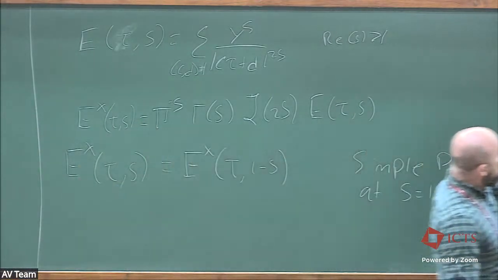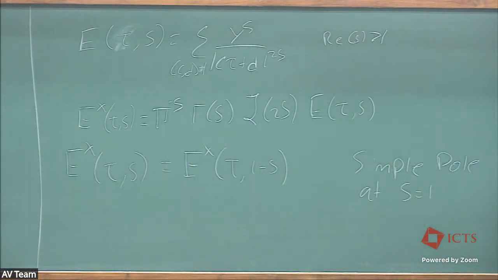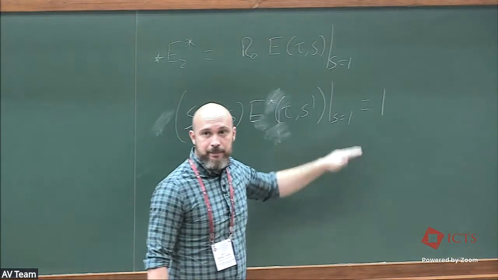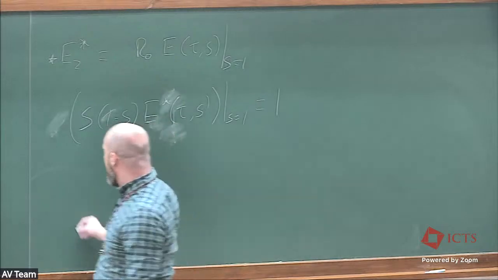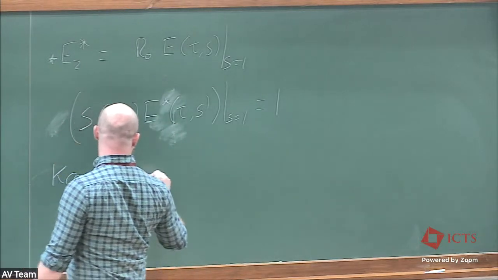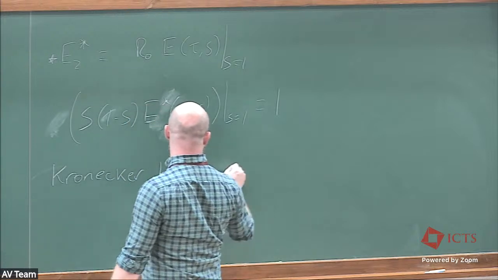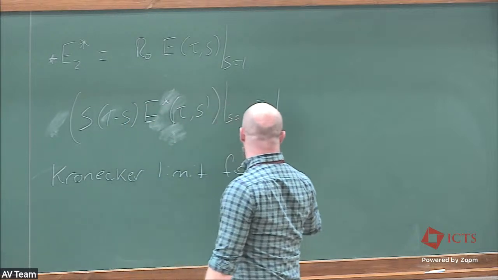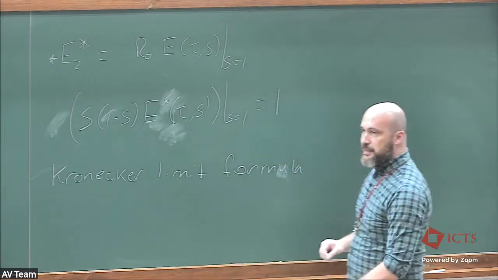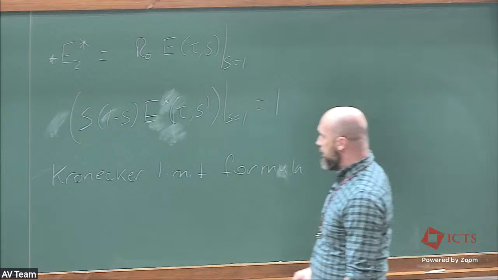Now, there's another way to get something of weight 0 if we really wanted an Eisenstein series for weight 0. And this is using the Kronecker limit formula. I'm going to just mention this because it connects to some things that Nick is going to talk about.